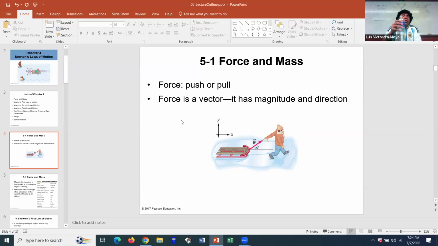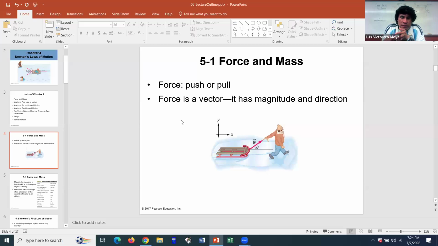Sort of like when you push or pull your luggage in the airport, right? You normally do it at an angle. And we do that to reduce friction. Okay? When we start discussing more about friction, you will realize why that's the case.